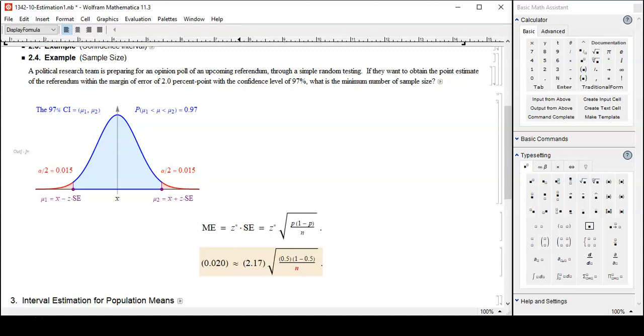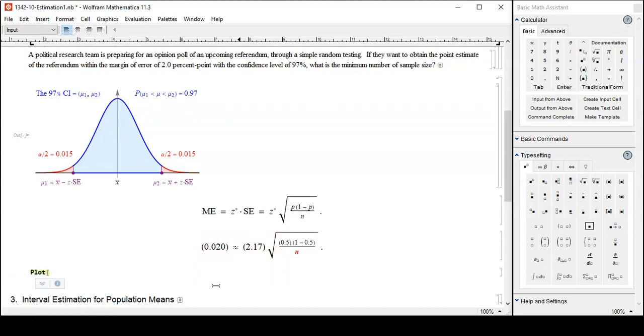Why 0.5? Because that's the safest. That's when the margin of error is the greatest. Look at this expression, P times 1 minus P. Please note that this is a quadratic expression, and proportion is always between 0 and 1.